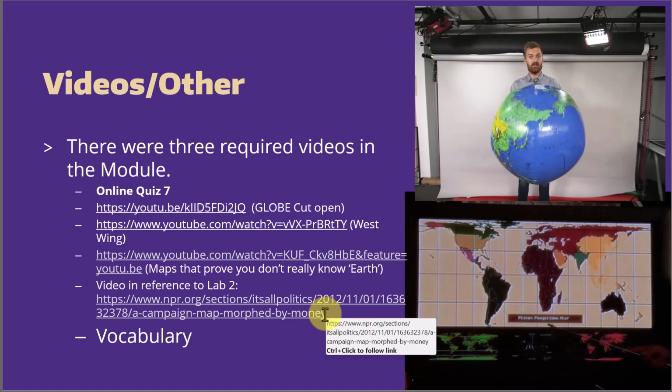There really aren't projections and coordinate systems in this map, but they are distorting maps based on criteria that they explain in the video. I'll let you watch it to see it. This image here is a map that was displayed on the West Wing. That was also a video to help you understand coordinate systems and projections.